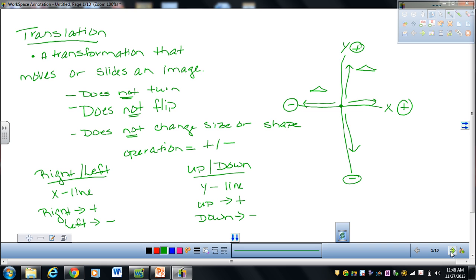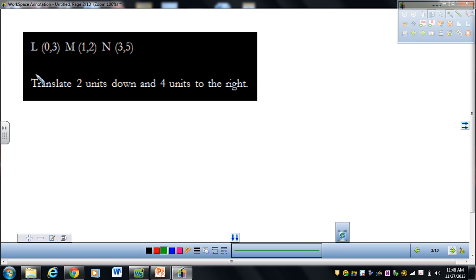Let's try a couple. This one tells us we've got these 3 points, and it says translate 2 units down, which we know means subtract, and 4 units to the right, which we know means add. Well, down also tells us that it's got to be the Y point, and right tells us that that is the X point.